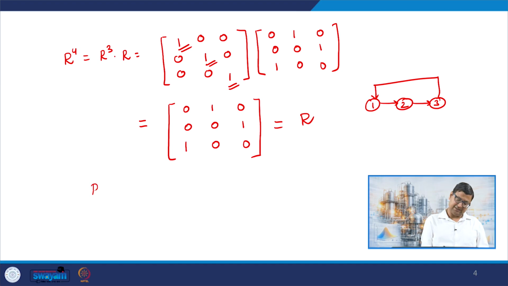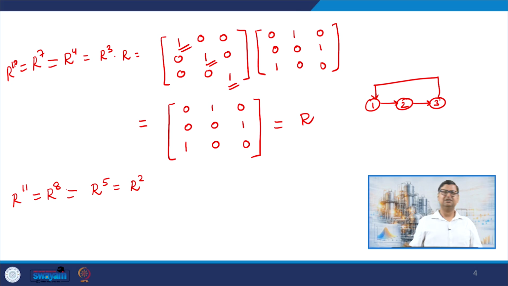Similarly, I can say that R5 is going to be R square, and now I can extend this idea. This is also going to be equal to R8, R11. This is also equal to R7, R10. Essentially, we can go around the same loop twice, thrice, as many times, and this will keep on going, right?